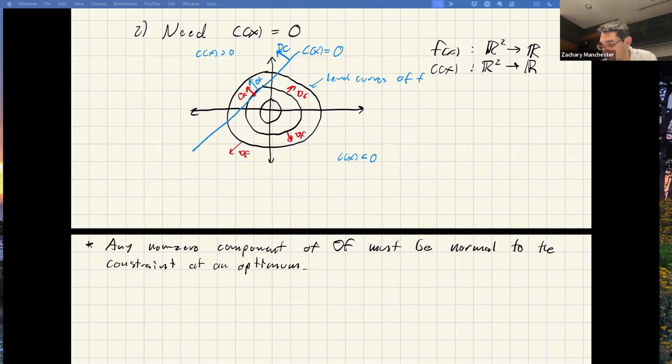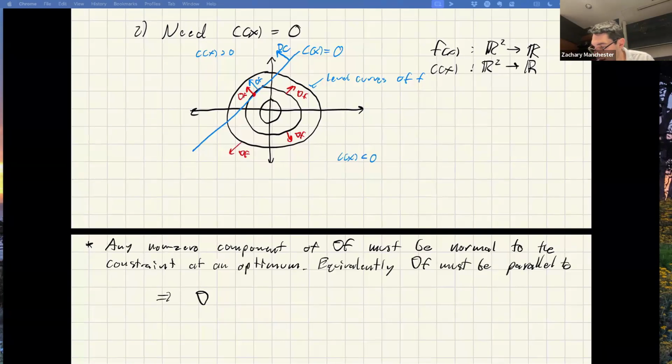Equivalently, grad f must be parallel to grad c.